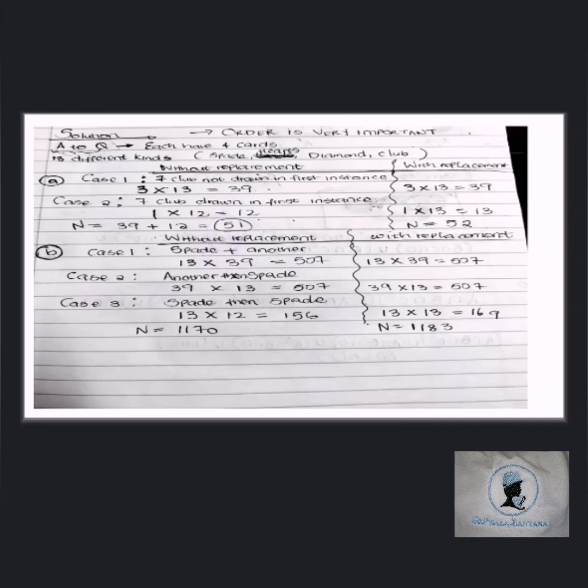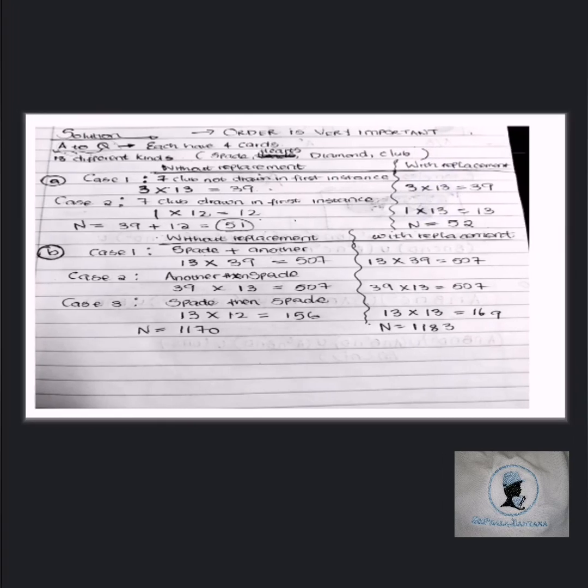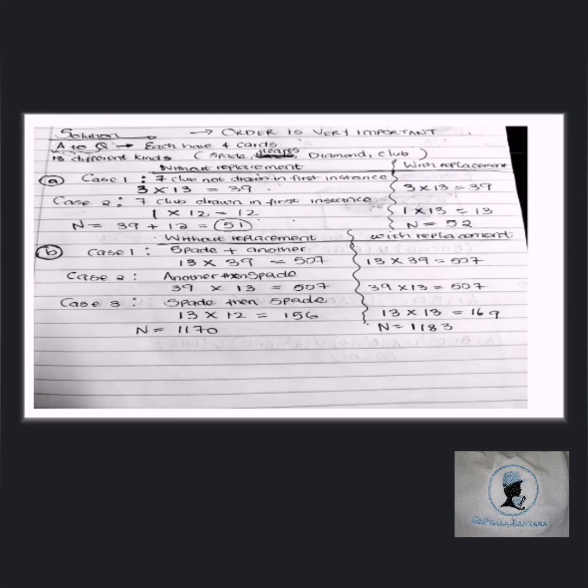So what happens if they said with replacement? With replacement, the first case is going to be the same, but the second case is different. Why? Because in the second case, the 7 that you withdrew was a club, and you are going to put it back.